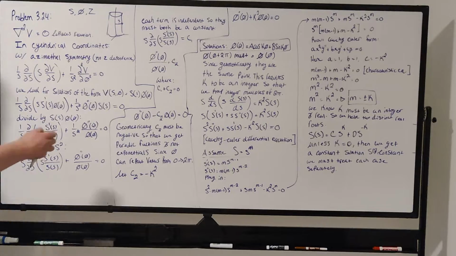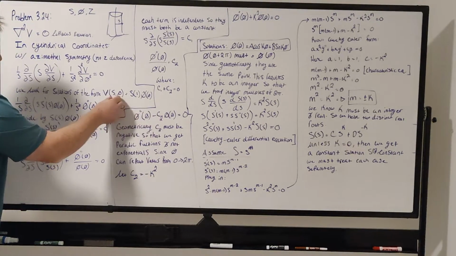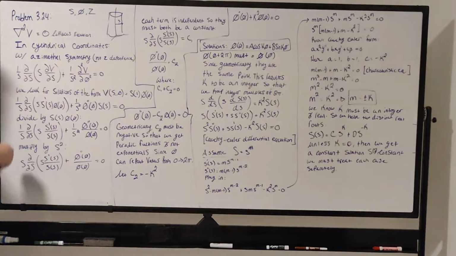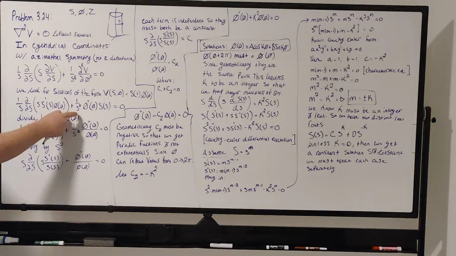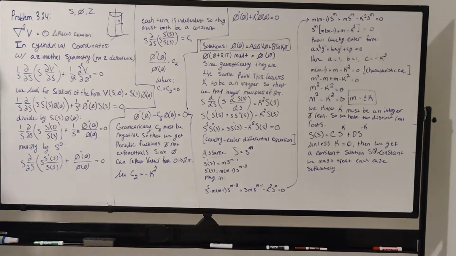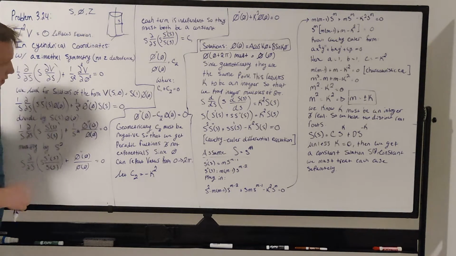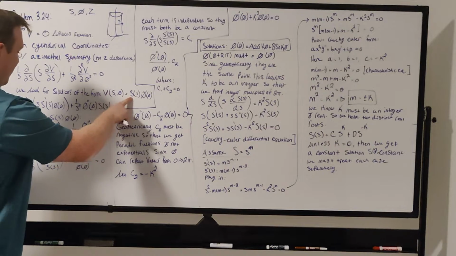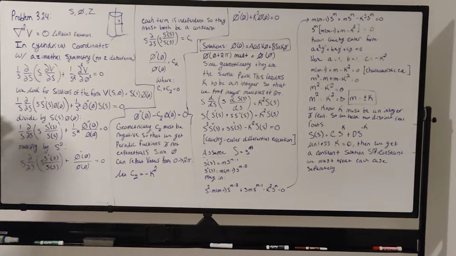So if we take a solution of this form and plug it in, we have 1 over s, where this is the independent variable s, partial derivative with respect to s of s times S prime of s, times Phi of phi, plus 1 over s squared, Phi double prime times S, equal to 0. I'm really wishing that I chose a different name here, but oh well, we're going to get through this.